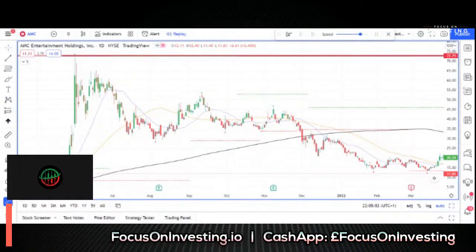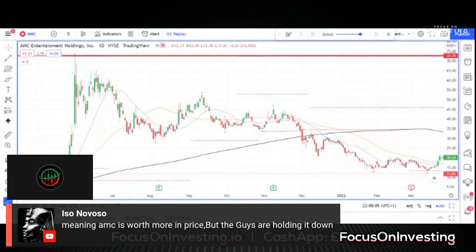Think about this. It's like me saying the stock is worth $100, but yet you can buy it for $2. If I can buy a stock for $2, is it worth $2 or is it worth $100?